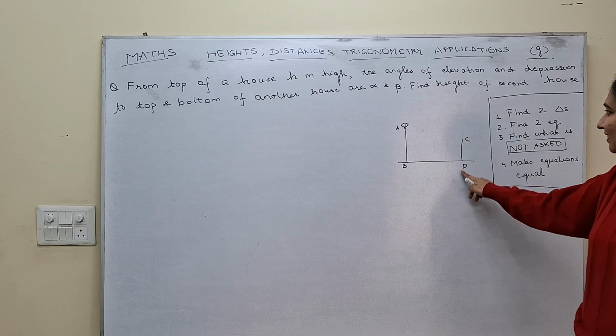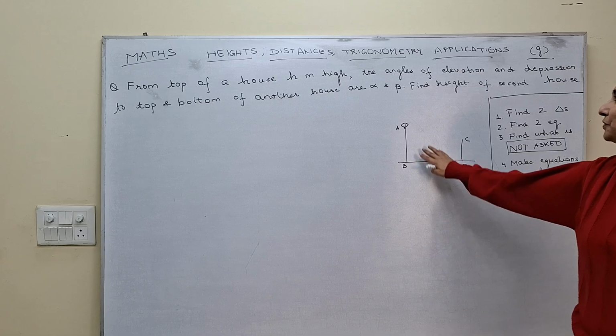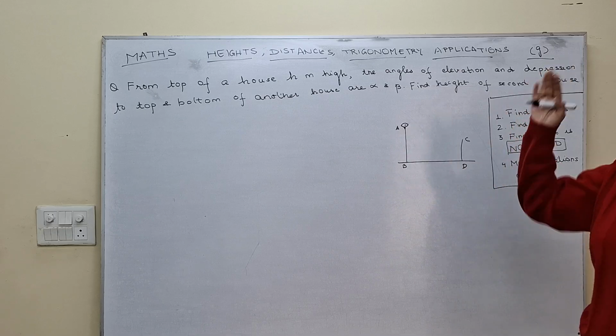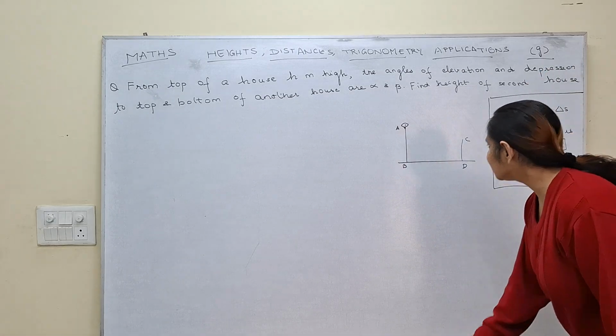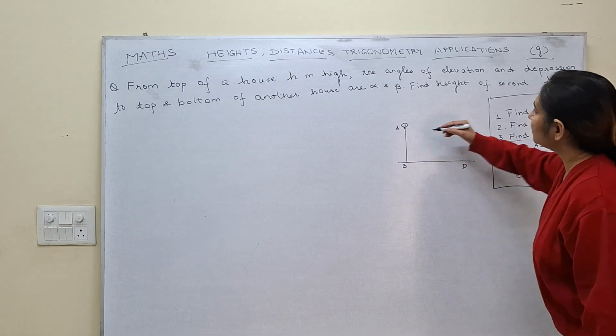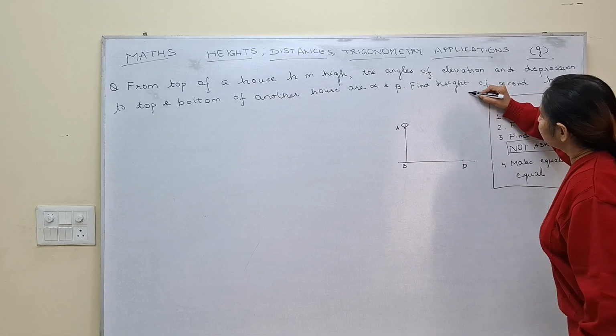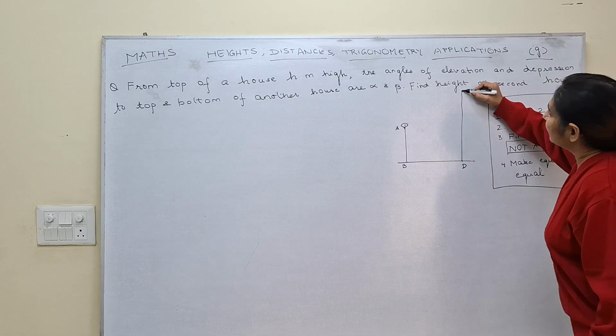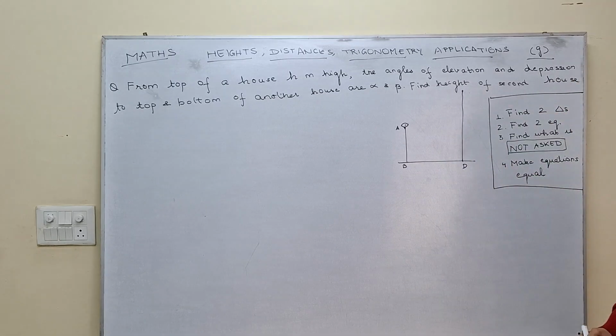So it looks like this diagram is not correct because from here you are supposed to have an angle of elevation. So we immediately correct it and make another house which is taller than this. That's how we correct our own mistakes.